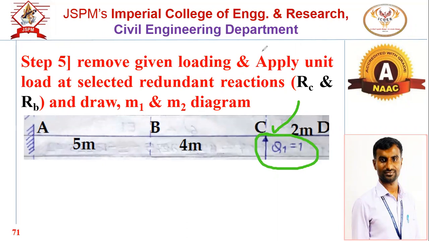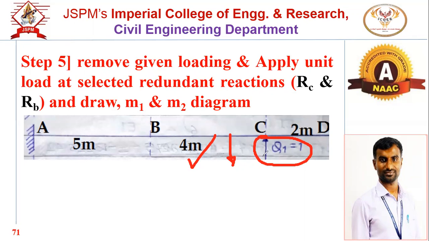Now here you are having freedom. What freedom? I have considered this Q1 as vertically upward. You may consider this Q1 as vertically downward. Do you understand? So this is our assumption. This analysis is based on certain assumptions, these are the initial assumptions.